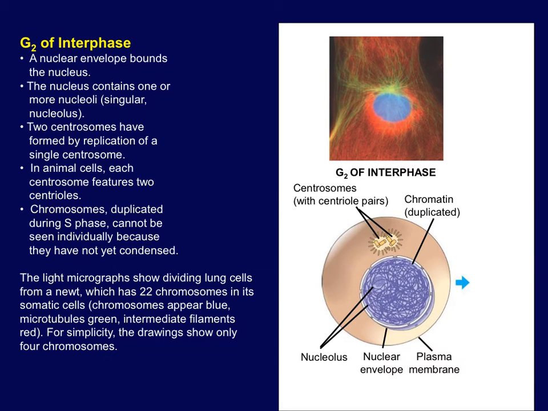So to get into it more exactly, there are these centrosomes with centriole pairs that are going to migrate. The chromatin, of course, has been duplicated. The chromatin is condensed DNA. There's a nucleolus, there's a nuclear envelope, of course, and a plasma membrane.